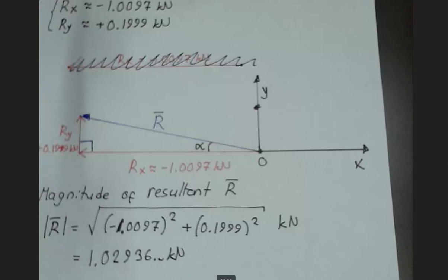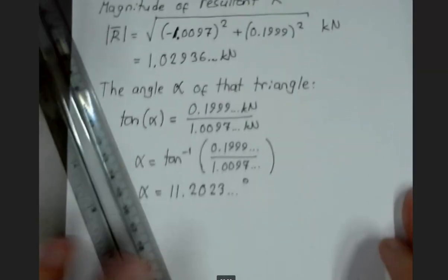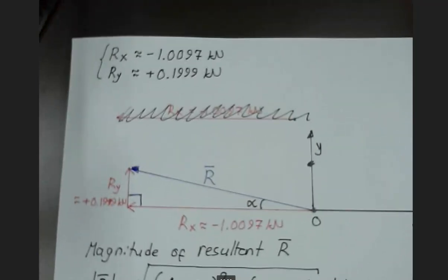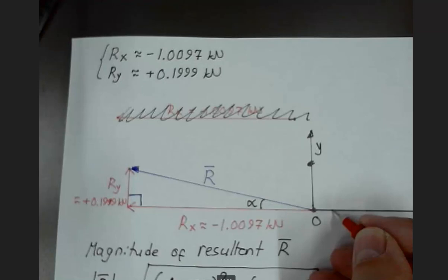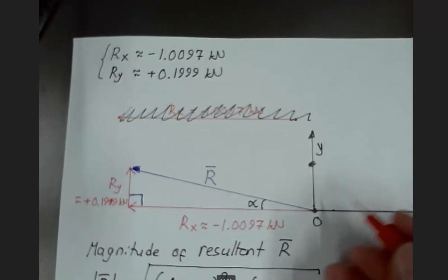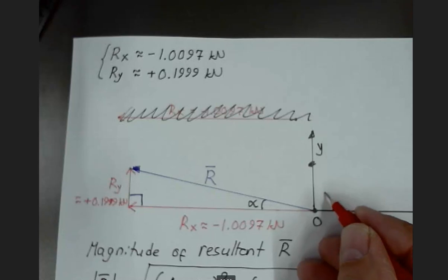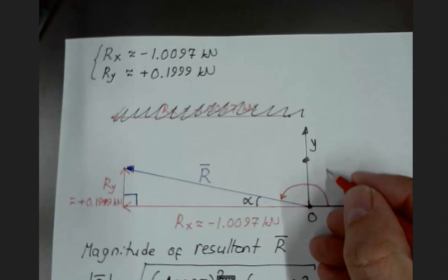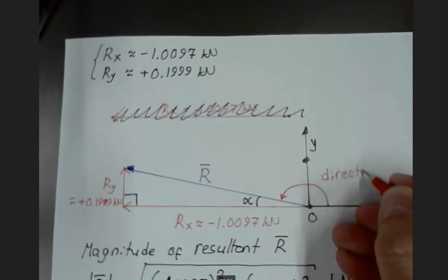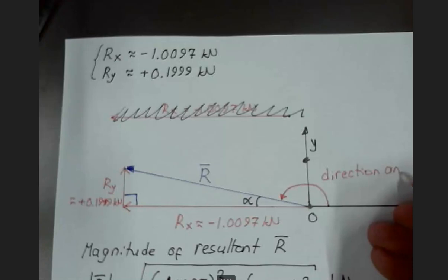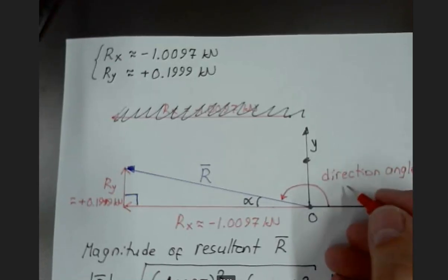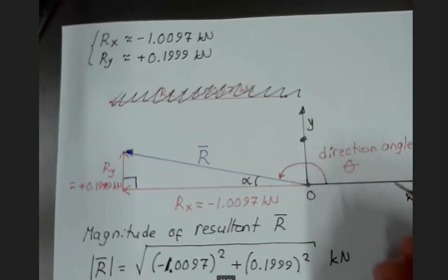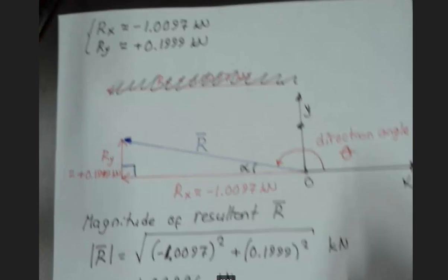And the angle we need to calculate, of course we need this angle, but this is not yet the direction angle of that resultant. The direction angle of the resultant starts from the positive x-axis and goes counterclockwise to the resultant vector. And this will be the direction angle, or angle of direction. I won't use alpha there, I will take theta. You may choose the name of this angle freely.